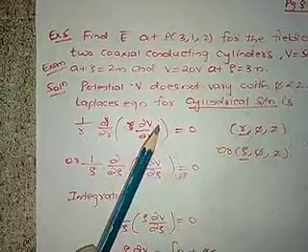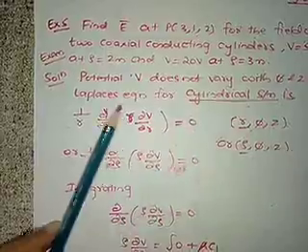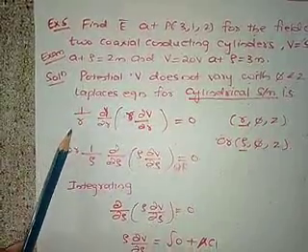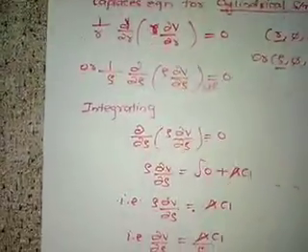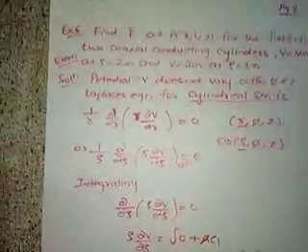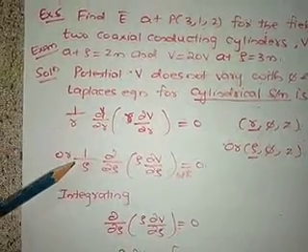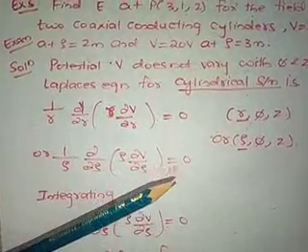In a coaxial cable, 1 upon R dou by dou R of R dou V by dou R is equal to 0, that is, del square V is equal to 0. Since he has used rho instead of R, let us use rho itself. So 1 by rho dou by dou rho of rho dou V by dou rho is equal to 0.